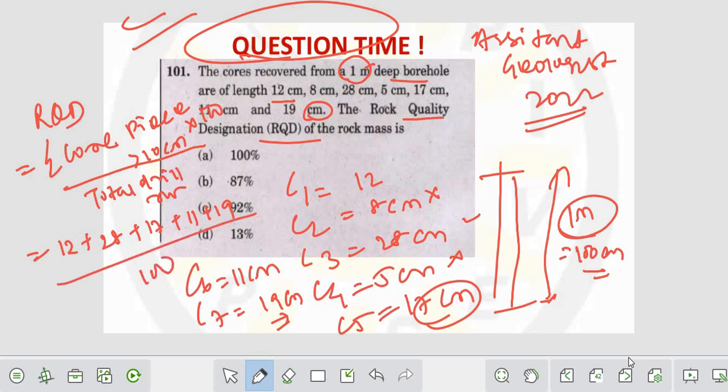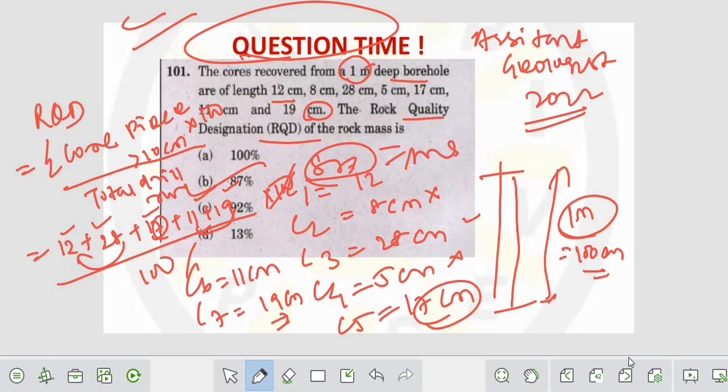Over 100 into 100 cancel, कितना हो गया, ये 20, ये 30, ये 40, 50, ये 60, राइट, ये 70, ये 80 and 7, 87. So 87%. So answer will be 87%. ठीक है? So B will be the right answer.